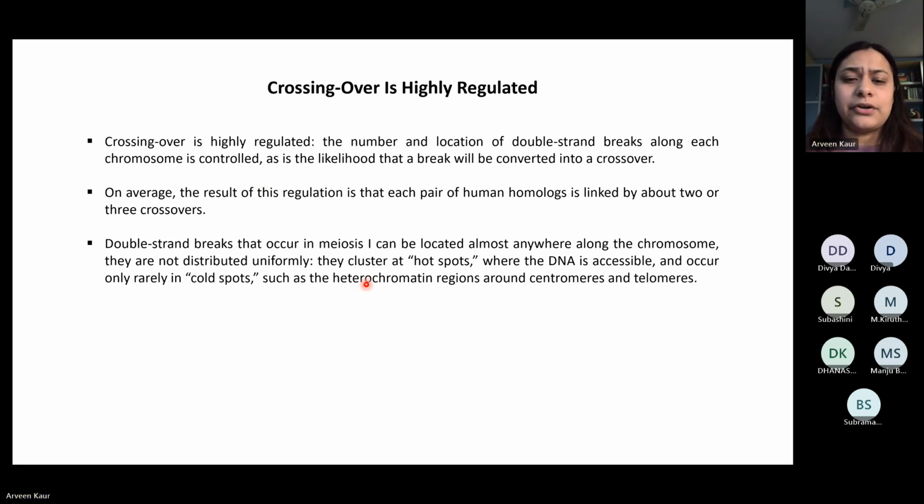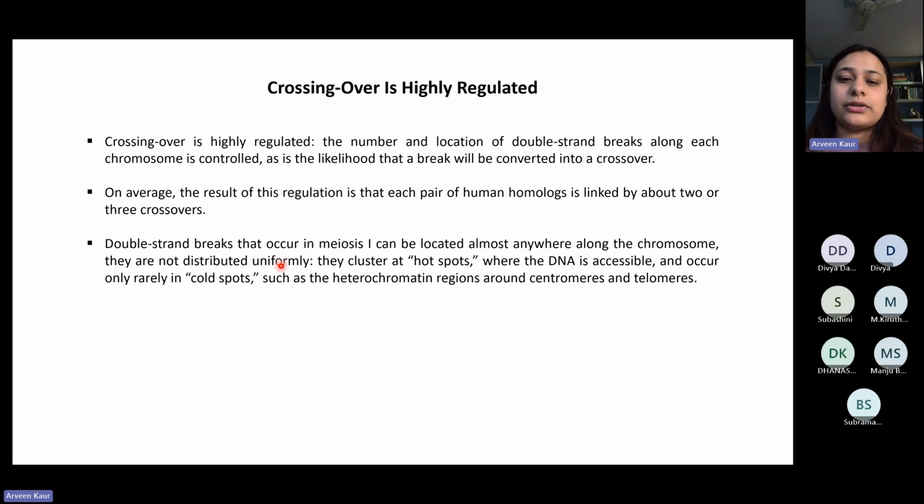Okay. Now, double strand breaks occur in meiosis 1, and they can be located almost anywhere along the chromosome, but they are not distributed uniformly. They cluster at hotspots where the DNA is accessible and occur only rarely in cold spots such as heterochromatin regions and around centromeres and telomeres.